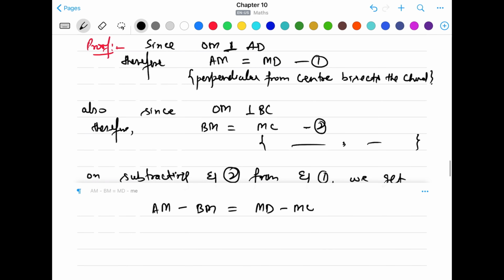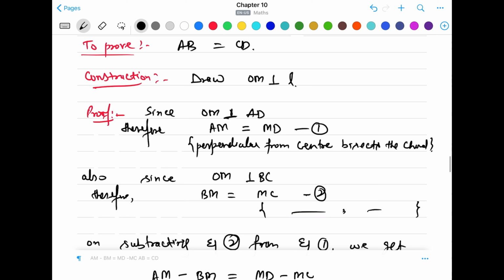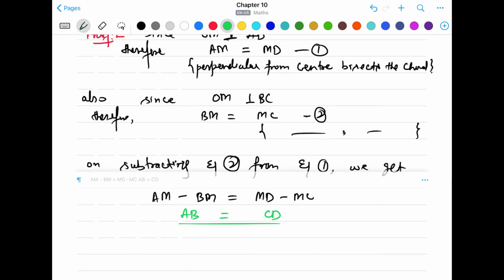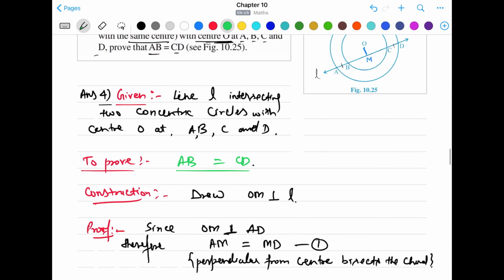This AM minus BM will give us AB, and this MD minus MC will give us CD. Okay, and this is what we were asked to prove, that AB is equal to CD. That's what we have proved here. So that's the solution of question number 4.